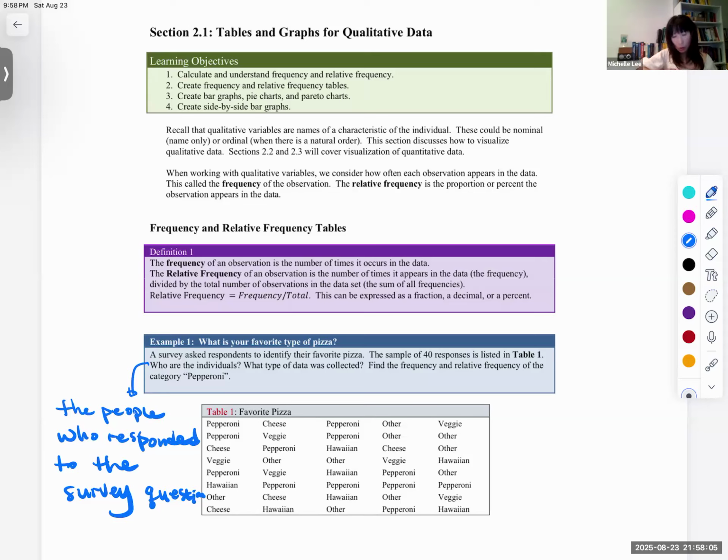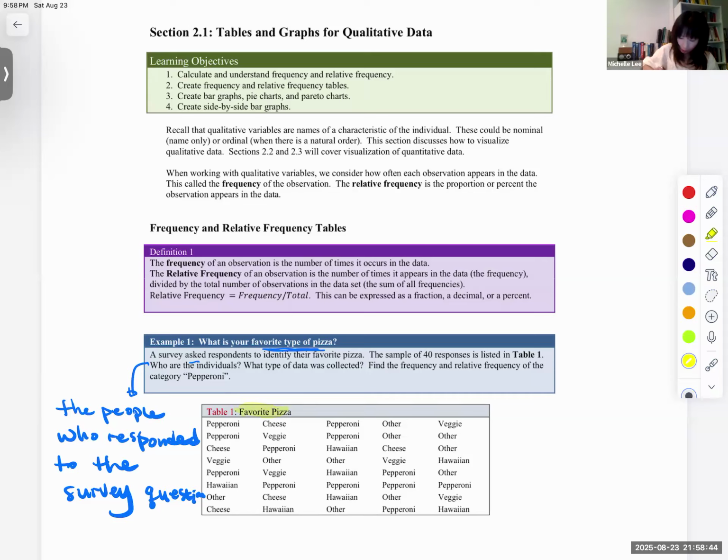What type of data? What kind of variable? We are learning qualitative data, right? So the type of pizza will be qualitative data. The variable is, they say, what is your favorite type of pizza? And then Table 1 says the favorite pizza, right?